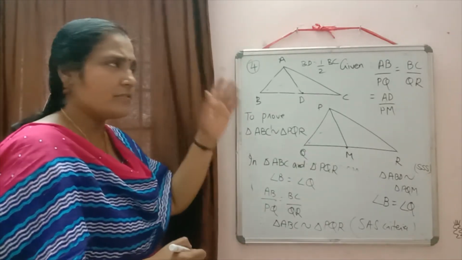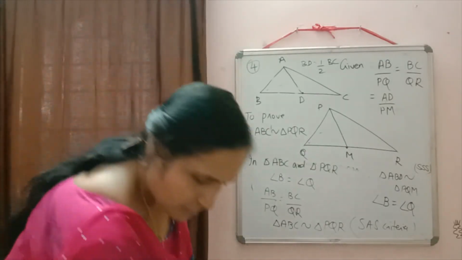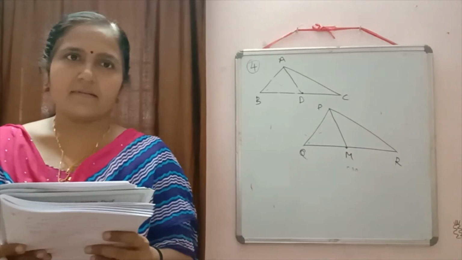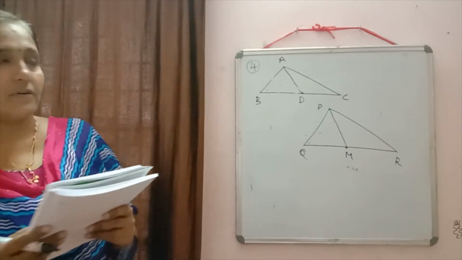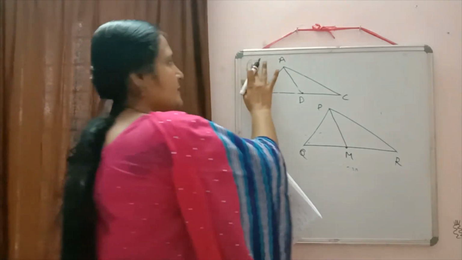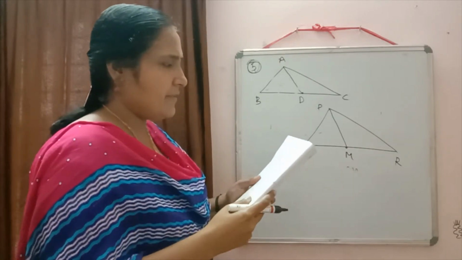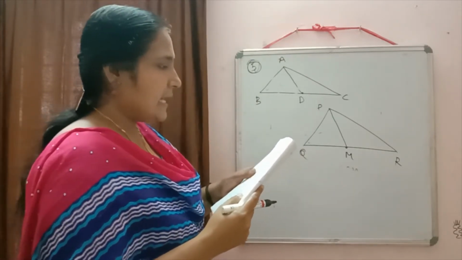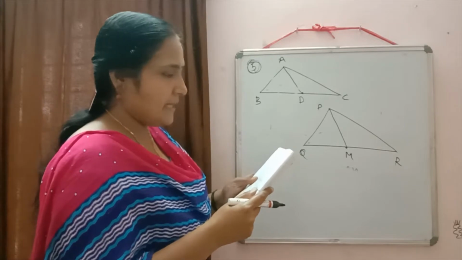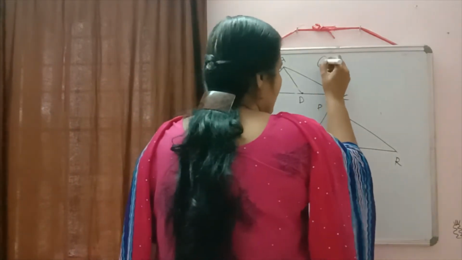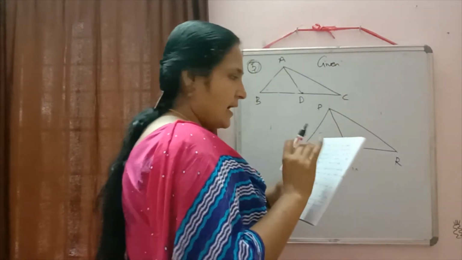So practice these types of questions. These are all questions from your textbook only. So moving on to the next question. Now, in this fifth question also, what is given? This is the fifth question. It is the same, just with some difference. Sides AB, AC and median AD of triangle ABC are given, and they are in the same ratio.